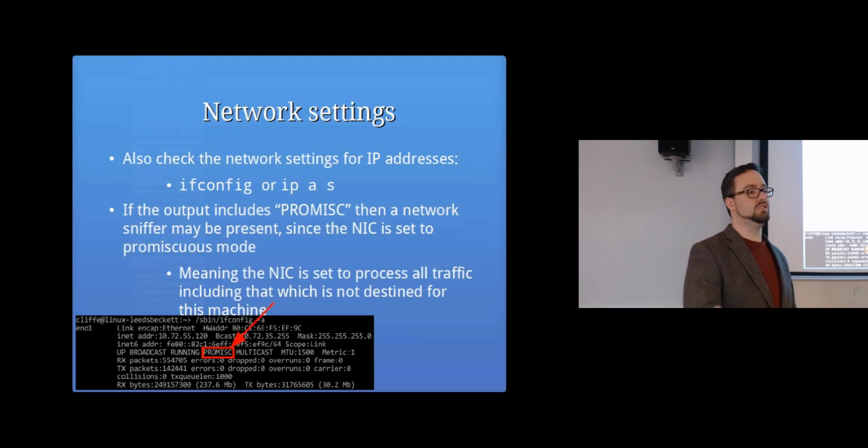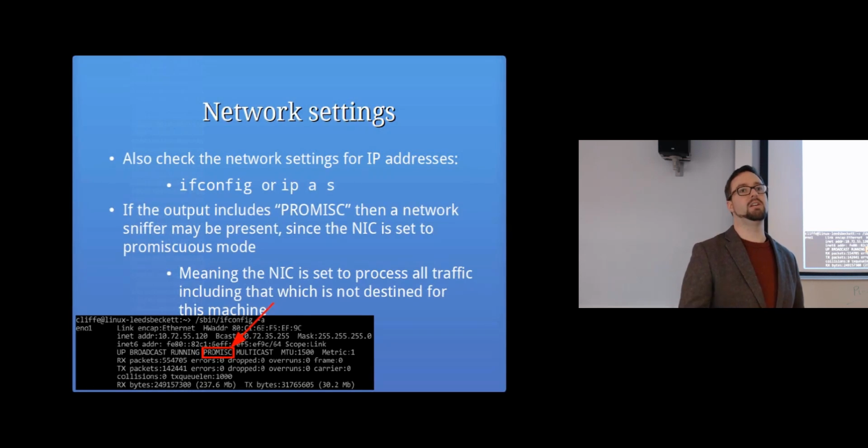If it's set to promiscuous mode, then it means there's more than likely a network sniffer running on the computer that's actually trying to read other stuff off the network. So even in a switched environment, now that we don't have easy access to everything, there are reasons you would have a sniffer and put it into promiscuous mode, for example if you're doing man-in-the-middle attacks.